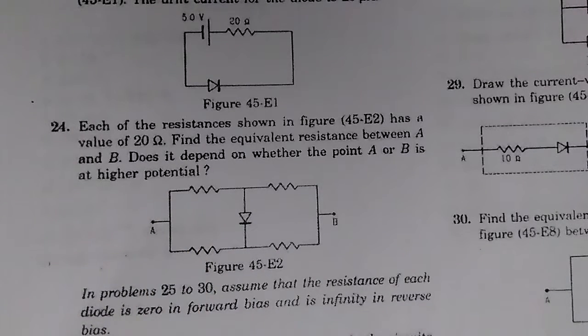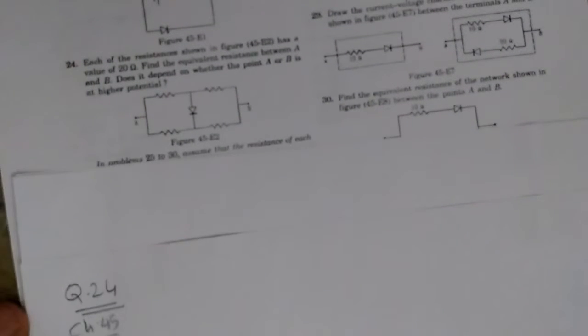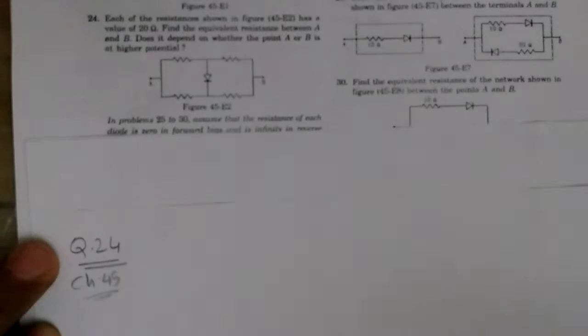I would suggest that if you have not taken my course on the Wheatstone Bridge, you must see that, because I have very clearly explained something in that circuit which very well relates to this problem.